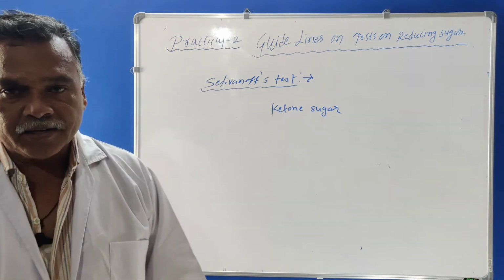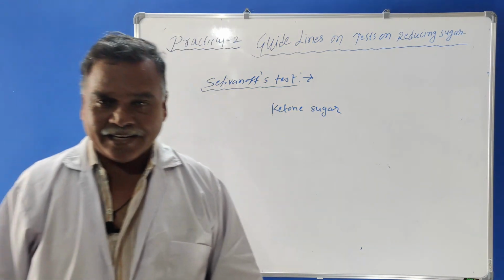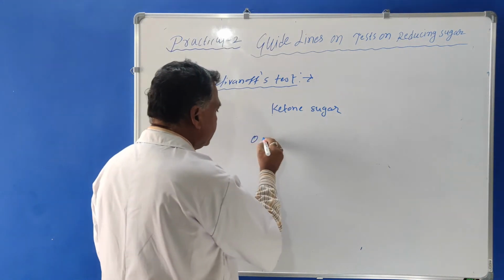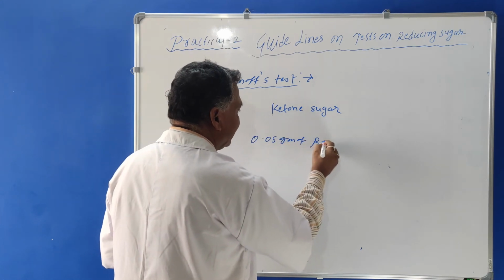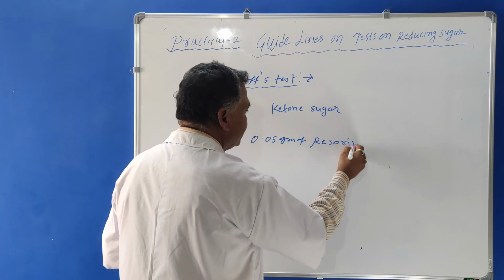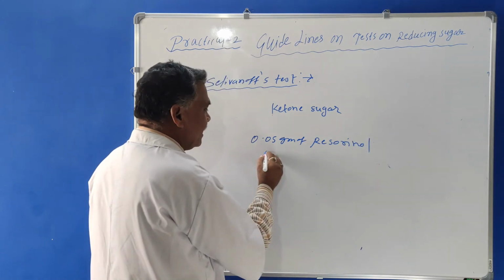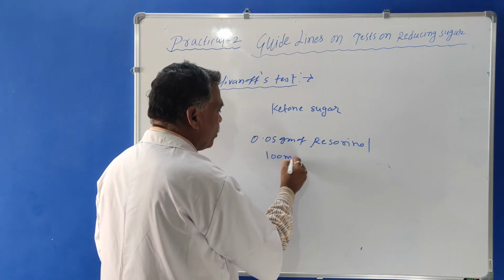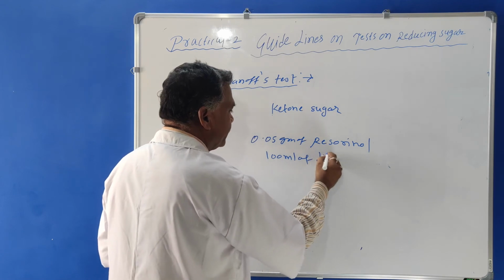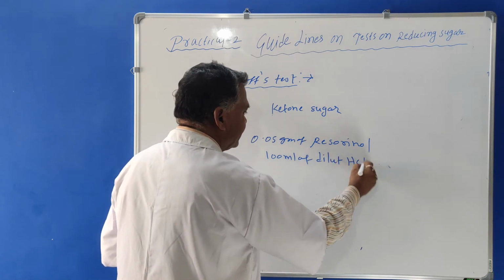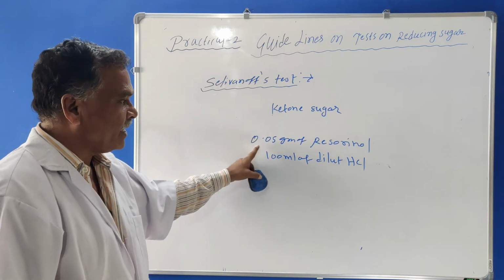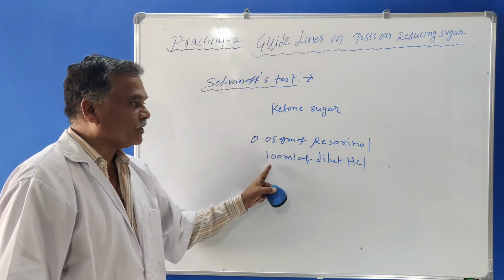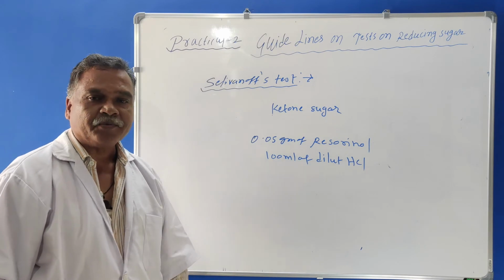Now we will prepare the Selivanov reagent. 0.05 gram of resorcinol is taken in 100 ml of dilute HCl.